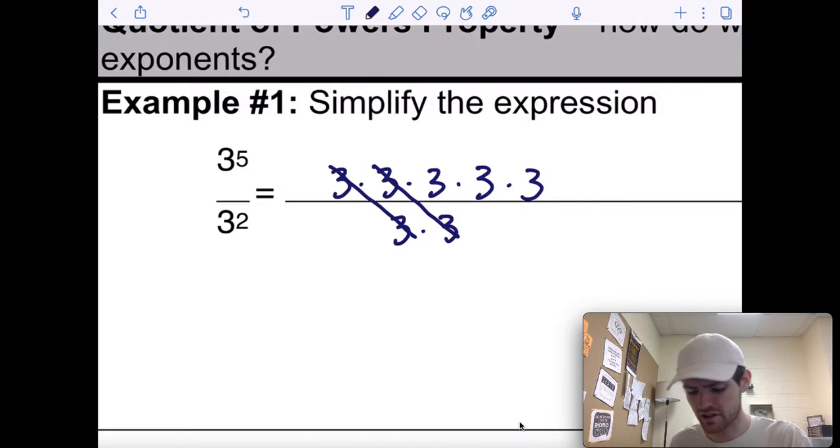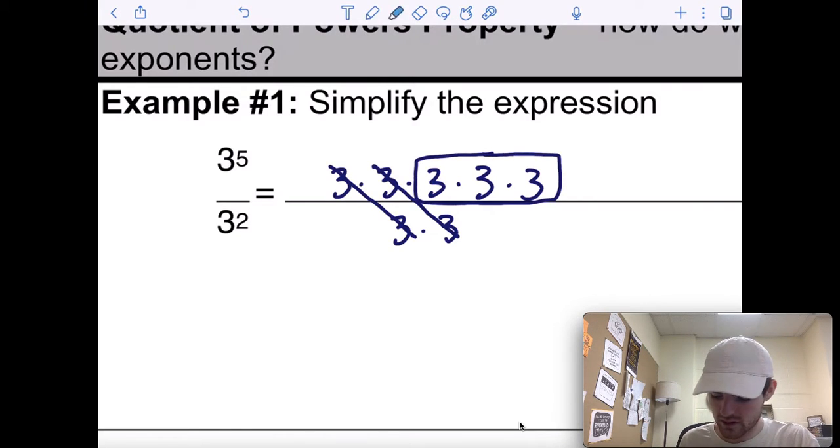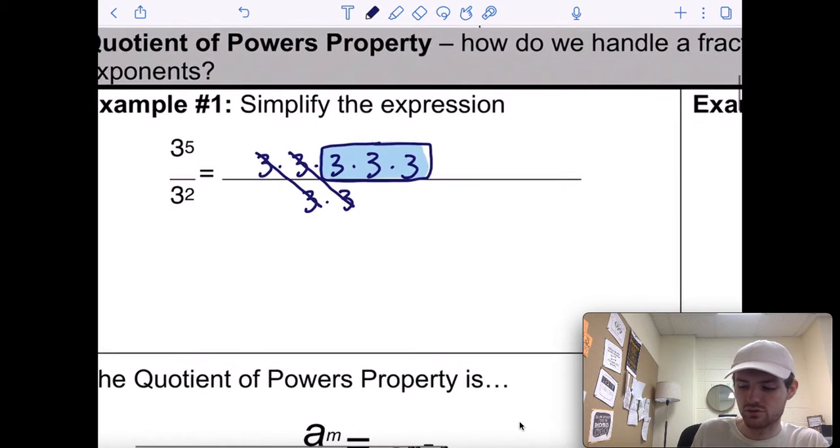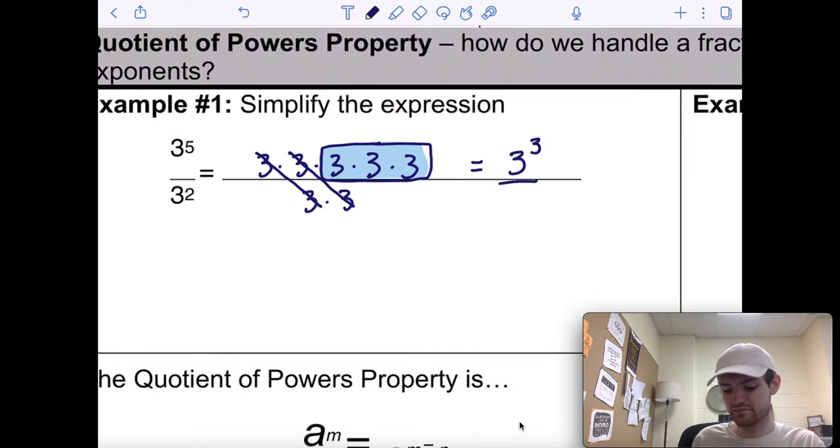What's left over here? I see 3 3's left over. Well, so we could write that as 3 cubed over 1.